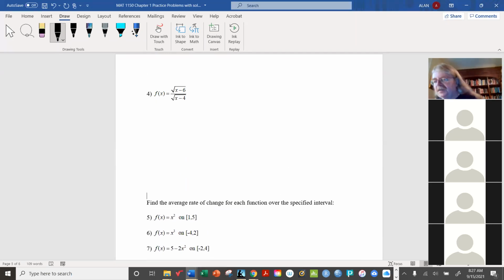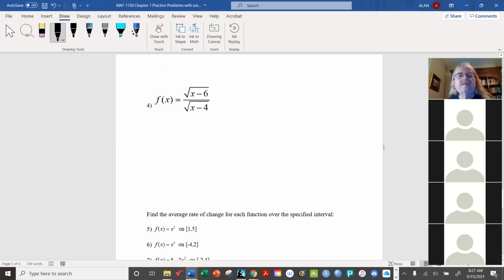First things first, we have two radicals, which means there are two restrictions on our x that will help us avoid a negative square root as well as division by 0. So let's think about division by 0 first. If we allow x to equal 4, then we have division by 0. So that's clearly right out the window.